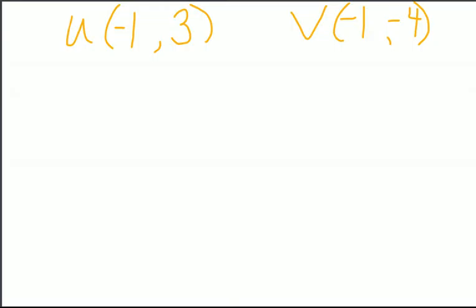Now, we're just finding the distance between these 2 points. I'm not asking you if it's vertical or horizontal. I just want to know the distance between point U and point V.